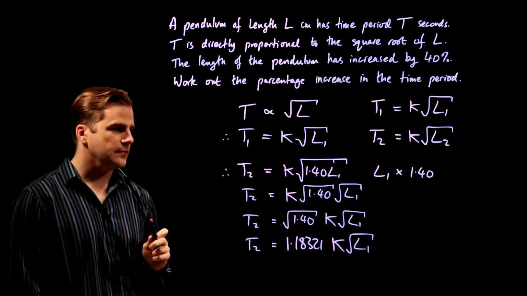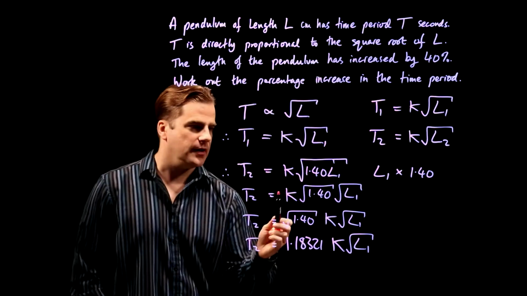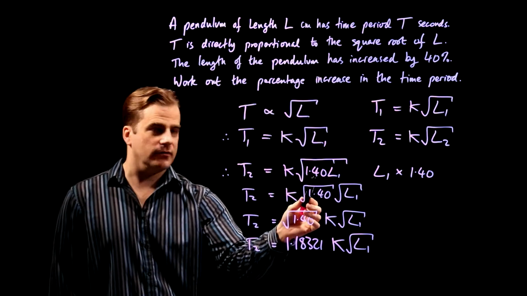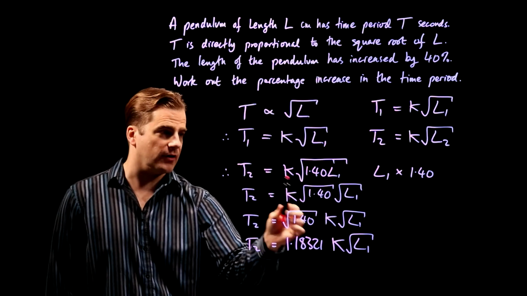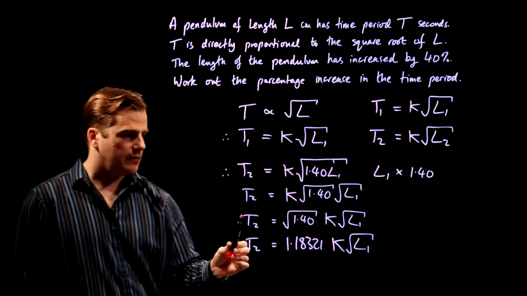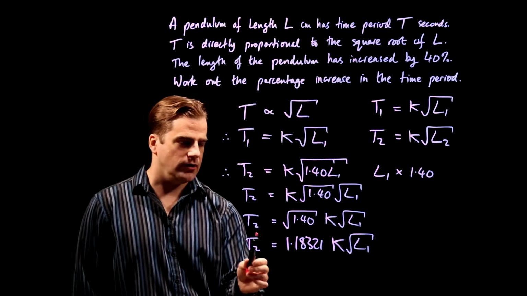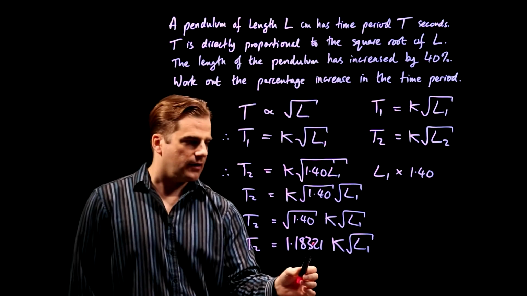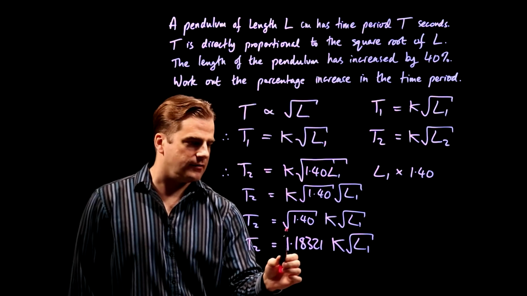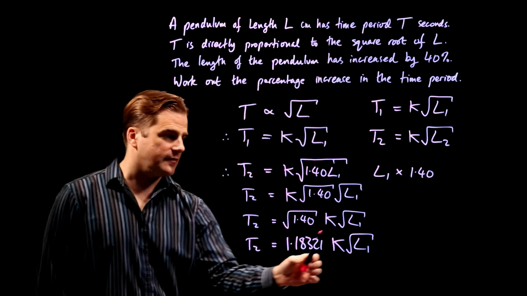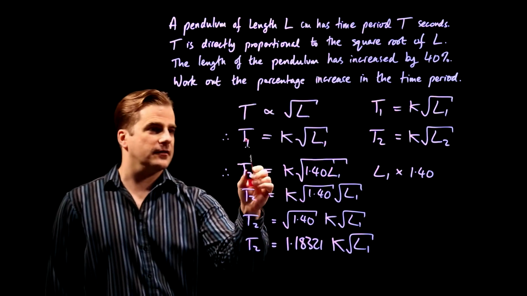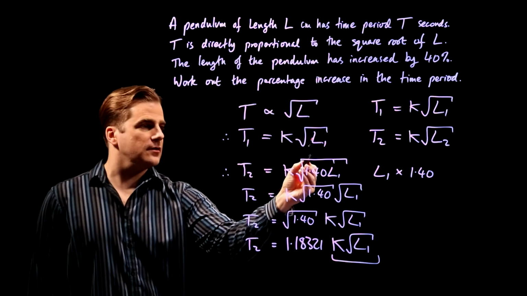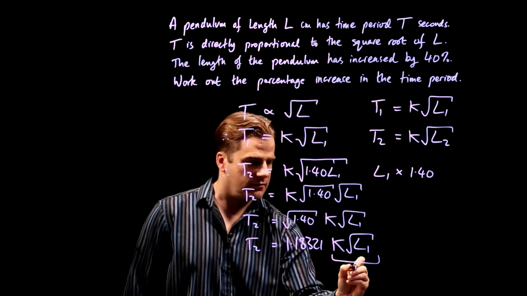Okay, so if we increase L1 by 40%, which is what we've done here, our new time period, T2, has been multiplied by 1.18 times the old T1, because that, k times root L1, that's T1.